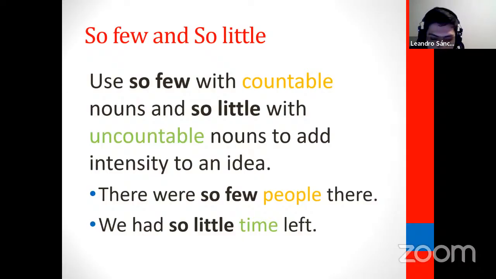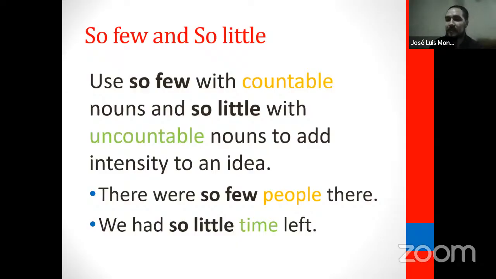And we had so little information. That is correct. And you can add something extra, just for you to practice a little bit more. You had so little information for what or to do what?